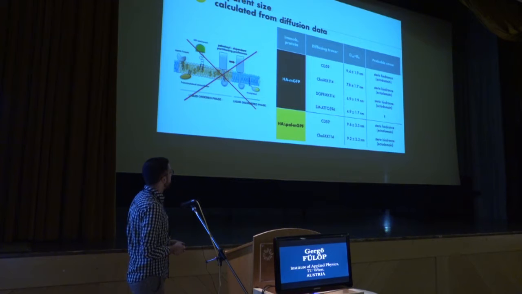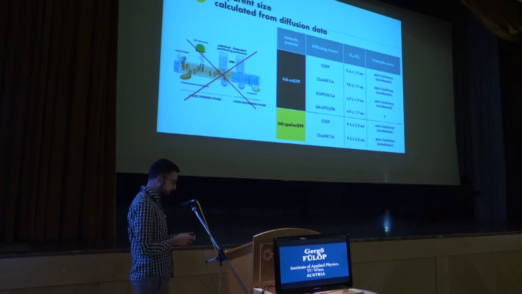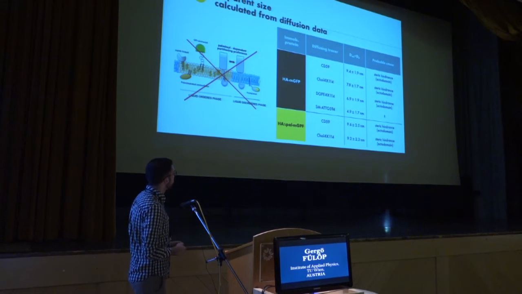Also, we wanted to rule out that there is a specific binding maybe between cholesterol and the hemagglutinin and DOPE. So I really wanted to try two different lipids which have very different partitioning behavior, and as you can see, with the same system we got very similar numbers, so we could somehow rule out that there would be a specific interaction between the recruited protein and the tracer.